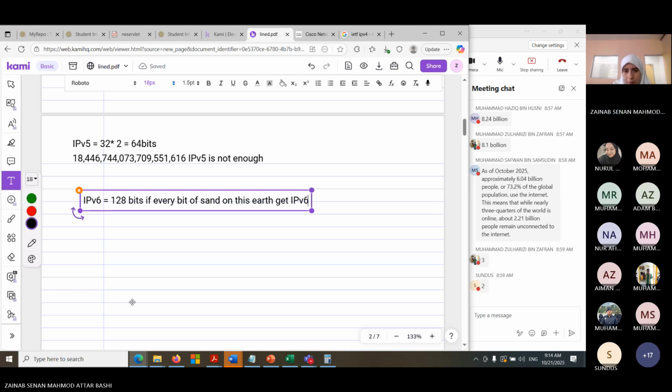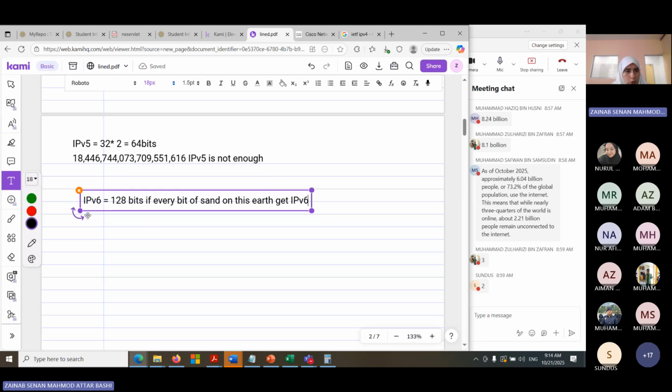Every bit of sand on this earth needs IPv6, they can get it. So that's why now every time they want to make changes to the internet, they have to think about maybe 20 years from now, when we get new technologies, how we will handle these technologies.